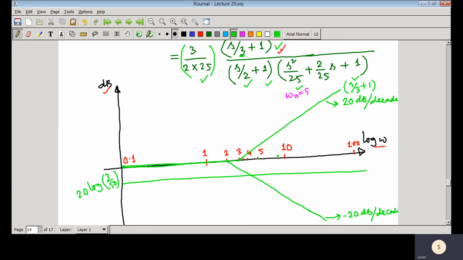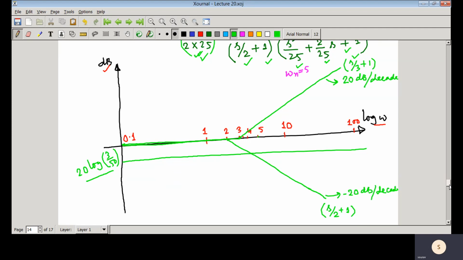For this particular term we have taken the 25, that omega n square term, and already we have plotted the 20 log 3 by 50. So for the second order term in the denominator, it goes like this.